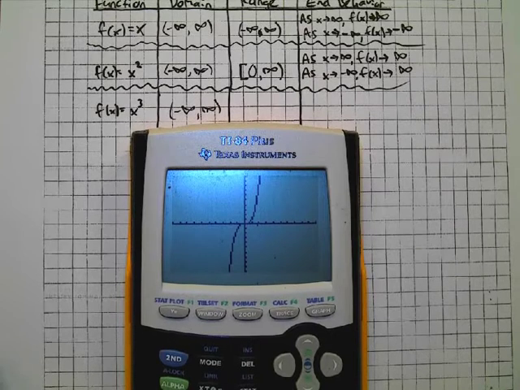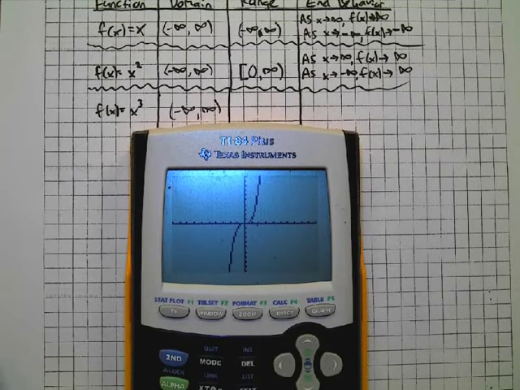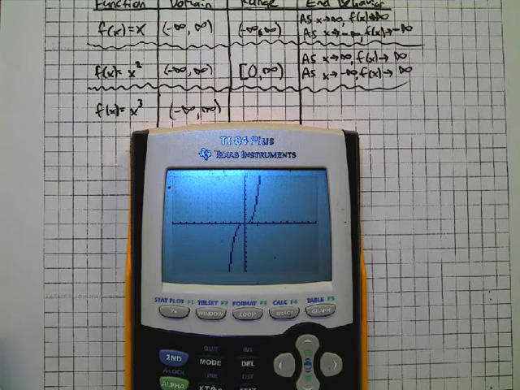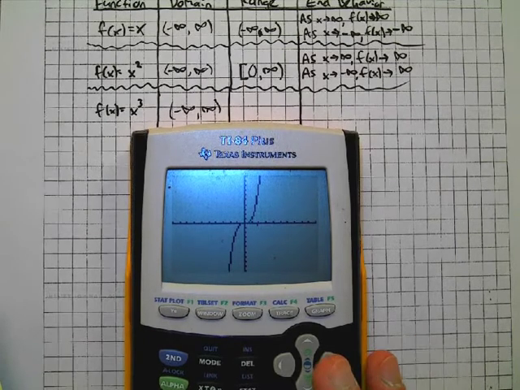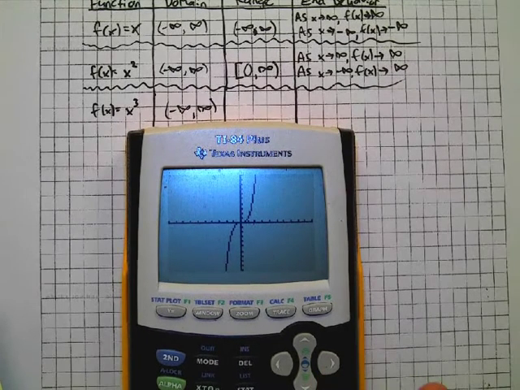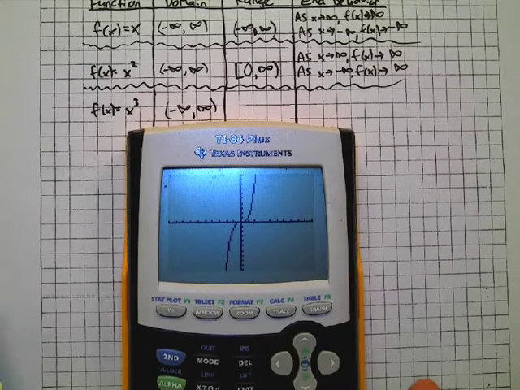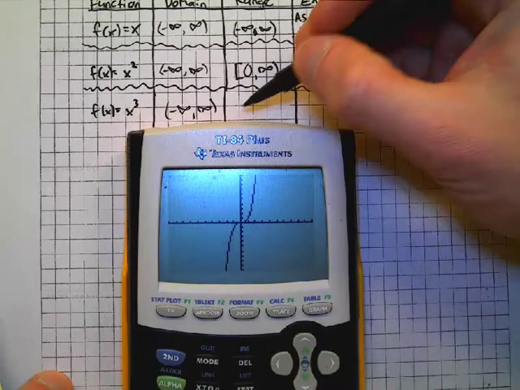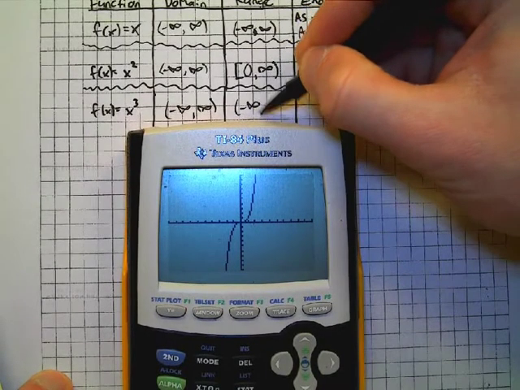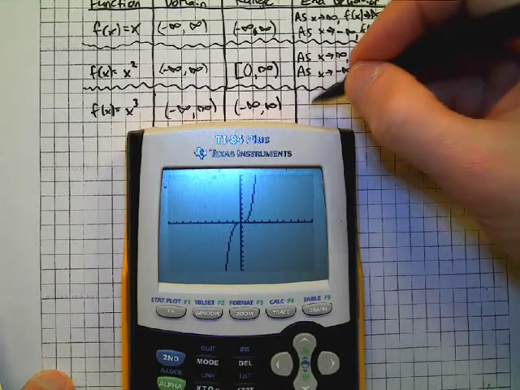So let's go to Luke L. What's the range for this here, Luke L? Would it be negative infinity to infinity? Very good, sir. You got it. Okay, and now we'll do the end behavior.